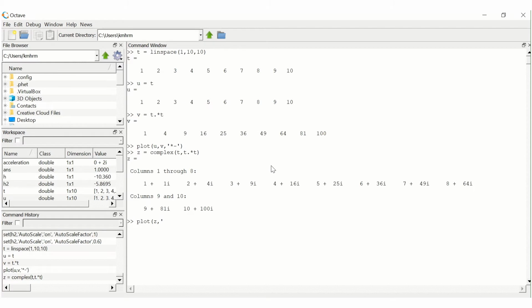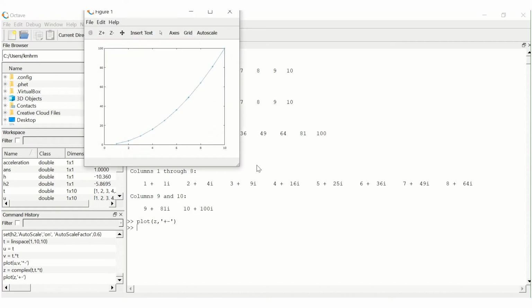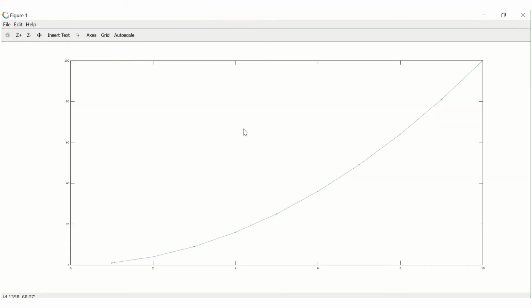Now let's use the plus sign with a dash so that we connect the points, and voila, this is the line that you have. Right, so those are the two ways to refresh what we have done in example 1, where you plot the trajectory of this vector a or b using matrices and complex numbers.